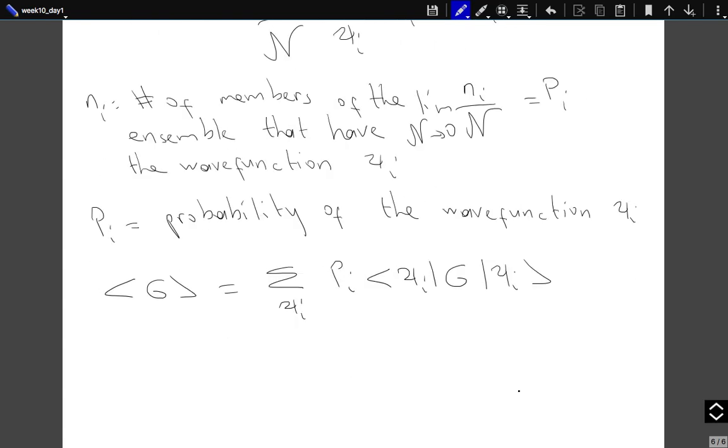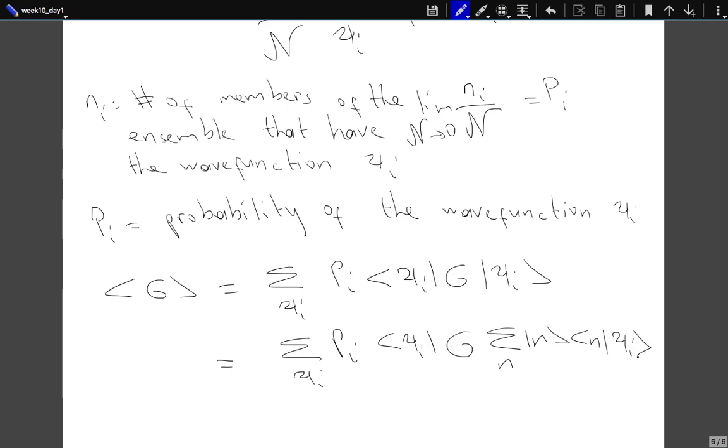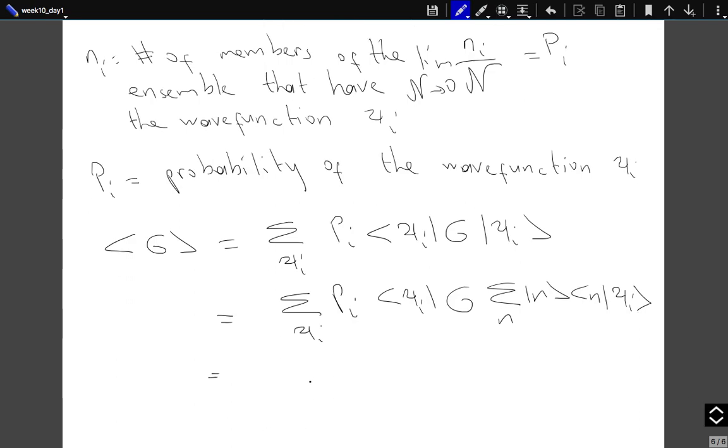Now we can write it in a slightly different form. Let's say we have the Hamiltonian of the system, and we insert the resolution of identity there. Now let me change it slightly. Let me just exchange the order of summation, sum over N first.